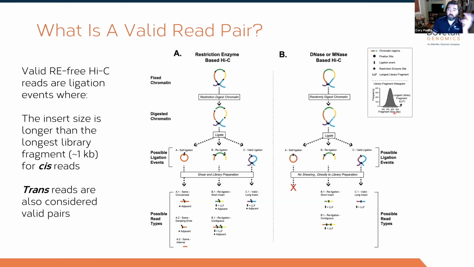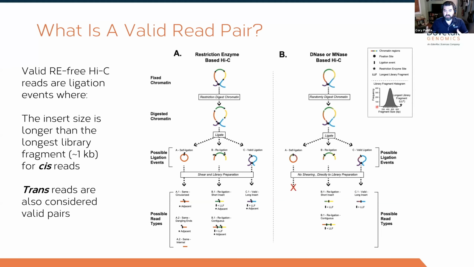The only way a sequence molecule has an insert size that's bigger than your library fragment, say your longest library fragment is 1,000 bases and the insert size spanned by read 1 and read 2 is 20 kilobases, the only way that's physically possible is if a long-range ligation event took place and was captured in that biotinylation event.